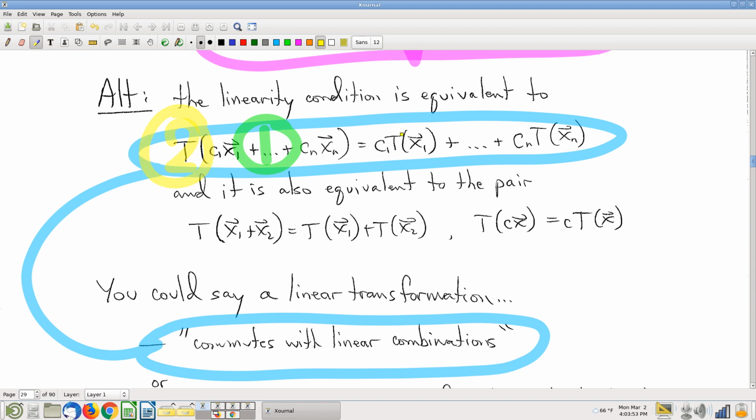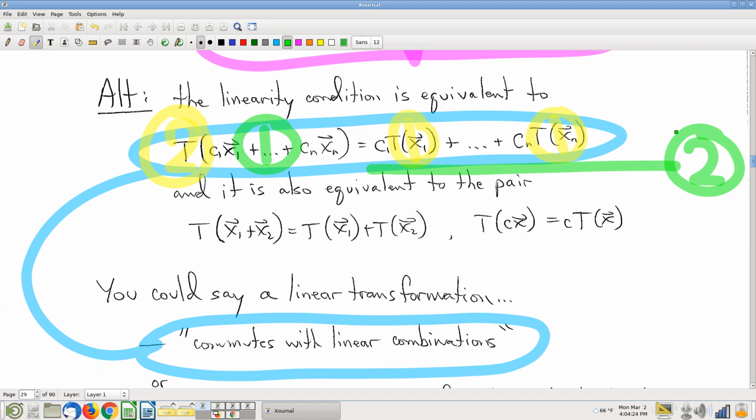Over here we're doing the function first, and then we're doing the linear combination second. So it's not exactly commuting because we're not multiplying. These are two fundamentally different things, but structurally, it smacks of you can do it in either order and it doesn't make any difference. And so it feels like commuting.